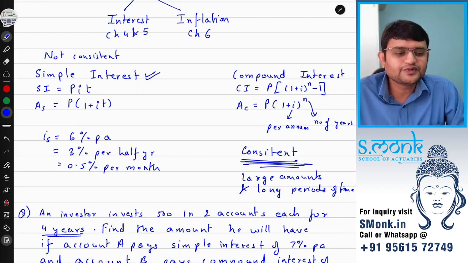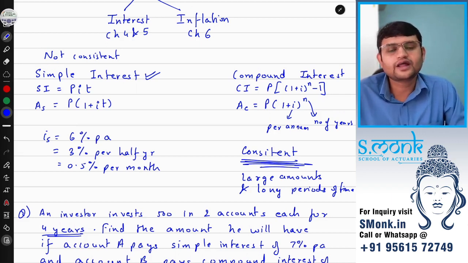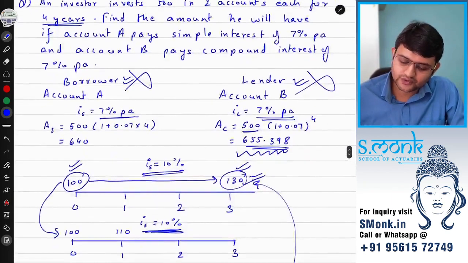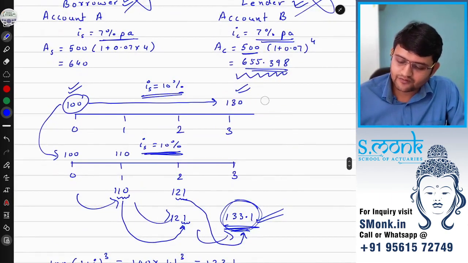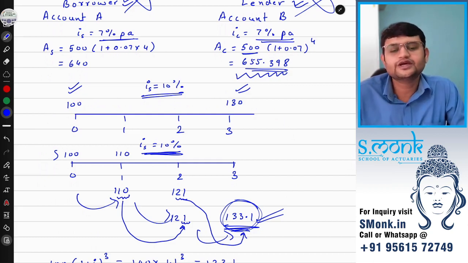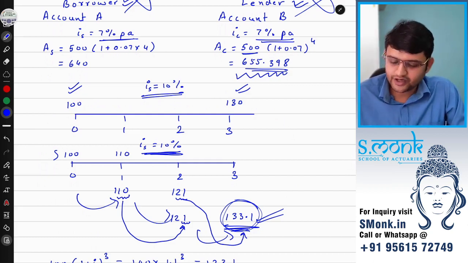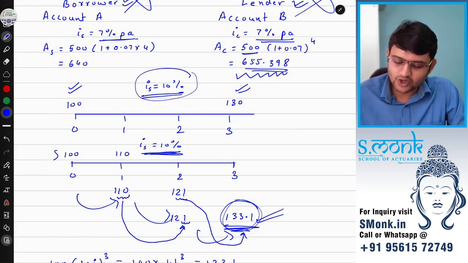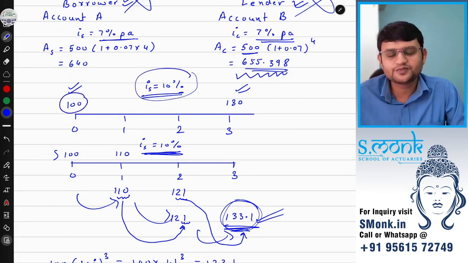Now we study simple interest because, as the name suggests, it is simple for calculation purposes. If you saw here, when I was doing calculations of simple interest, I did not actually need a calculator. I just said, okay, 10% interest on 100 rupees would be 10 rupees per year.